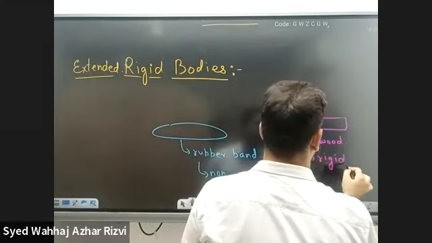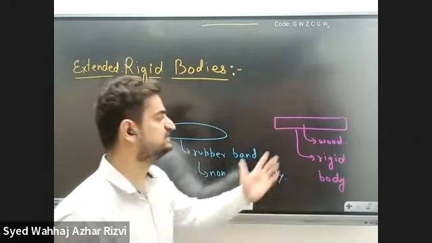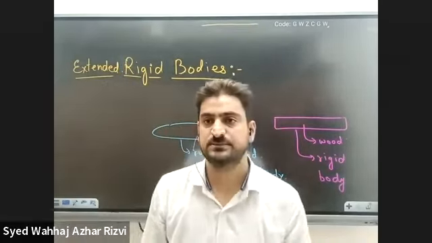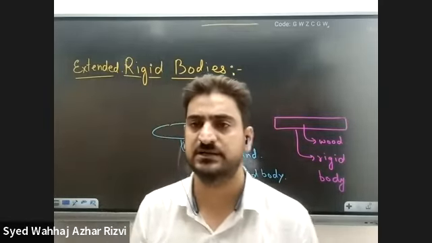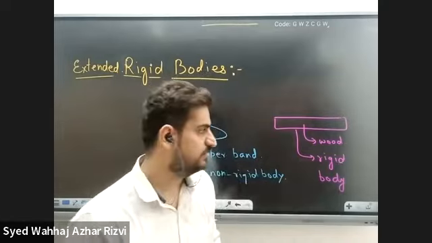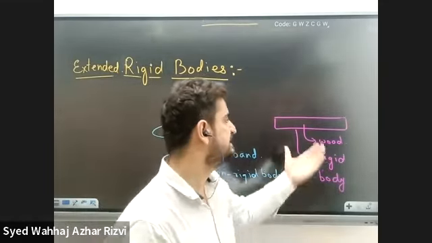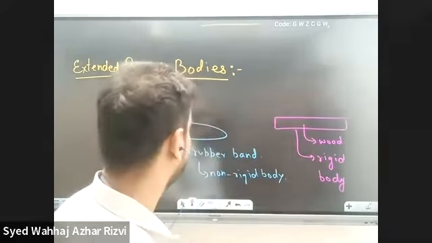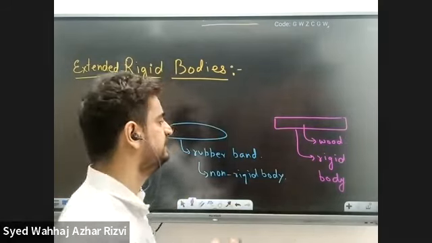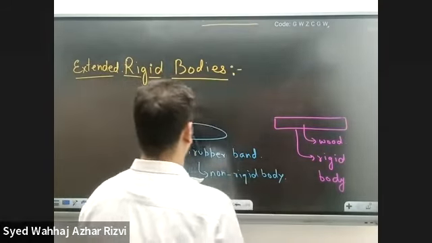Why do we call this wood a rigid body? Because when we apply some force on it, it doesn't undergo any kind of deformation. Well, it does sometimes, but mostly we can take a log of wood to be a rigid body. Even if it undergoes a little deformation, it is really negligible. We can neglect the deformation effect of forces on wood.